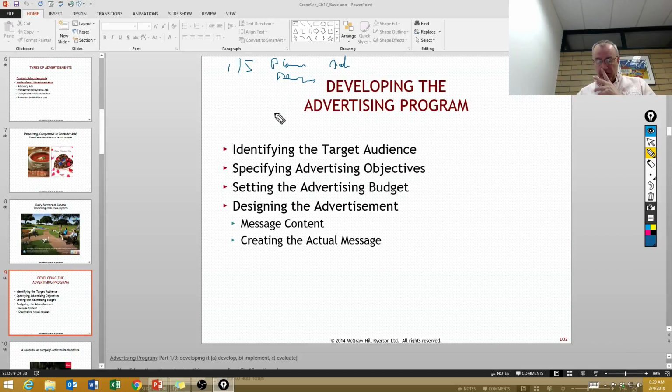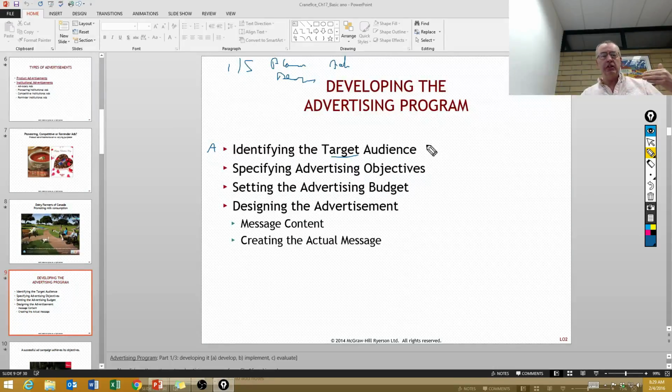So what are the components of the planning stage? We have 5 components, and the first component is identifying our target market. We've looked at this earlier in the course. So we want to identify, for example, the demographic characteristics of our market. Are we selling our product to men, or to women? Or which geographic segments are relevant?